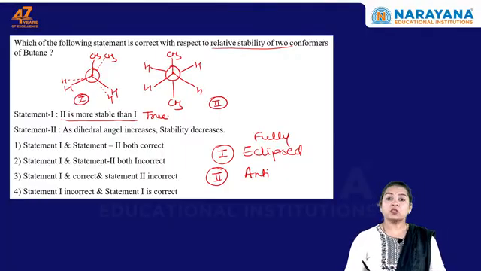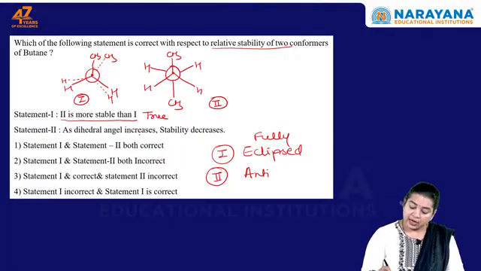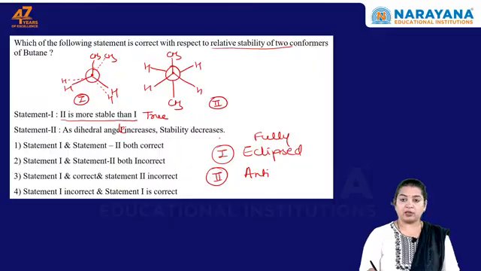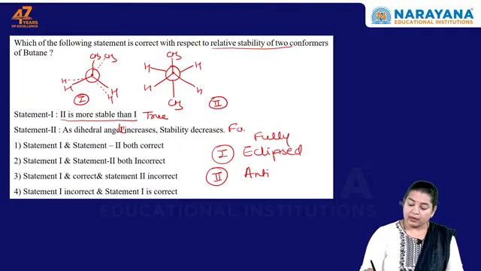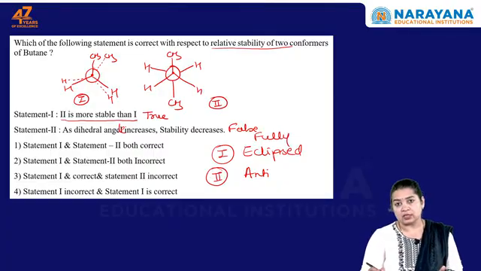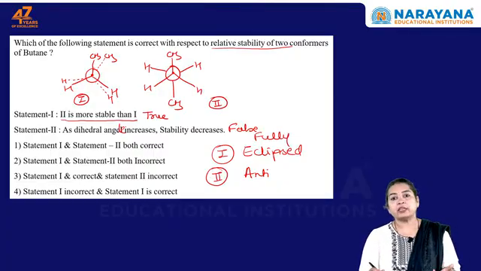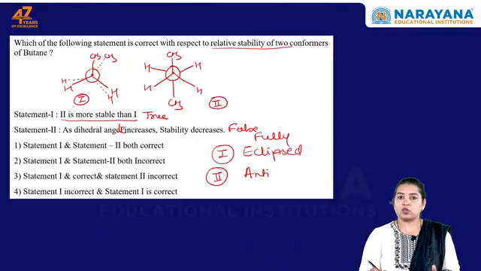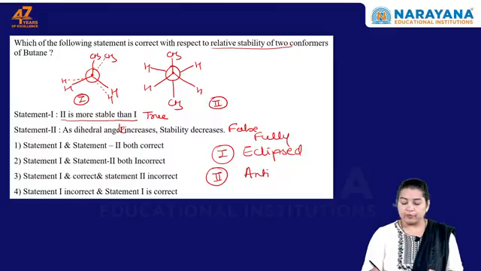Yes, if 2 is anti, then it is more stable than 1. This statement is correct. Statement 2 says as dihedral angle increases, stability decreases. That is false, because as the dihedral angle increases, the repulsion between the bulky groups decreases, stabilizing the particular conformer.